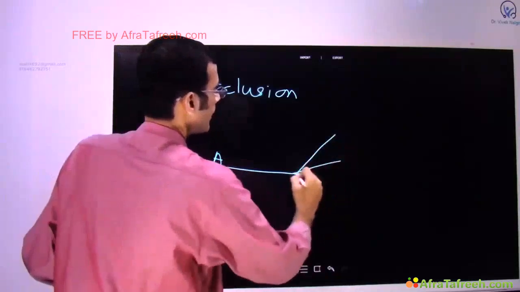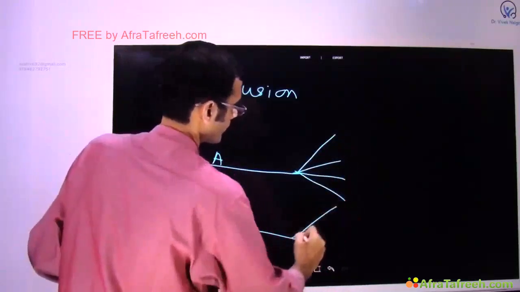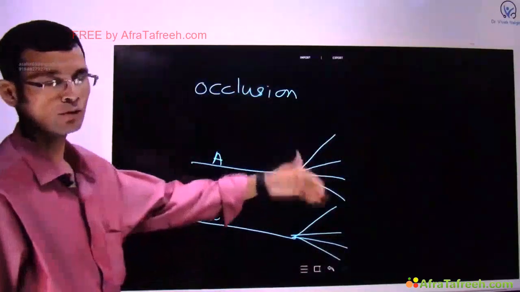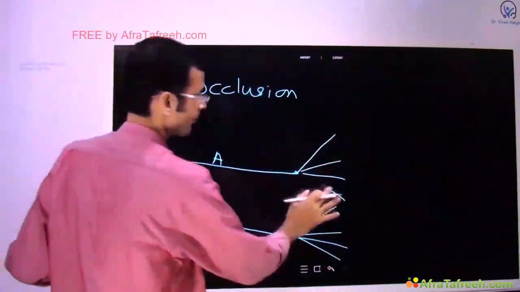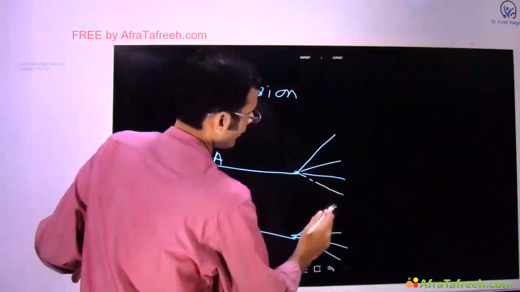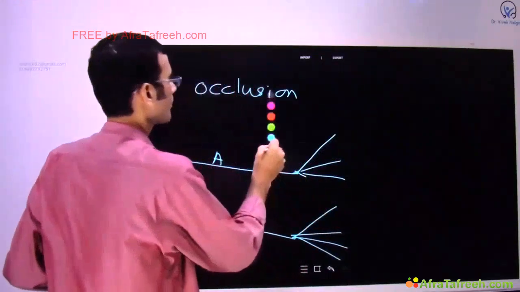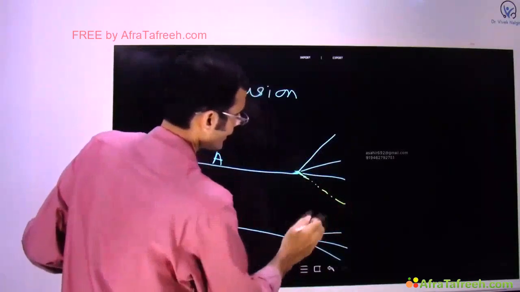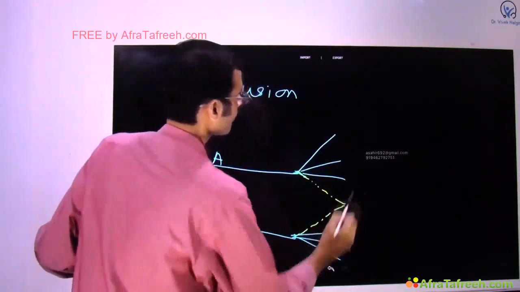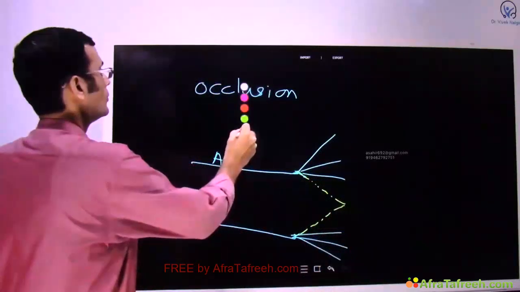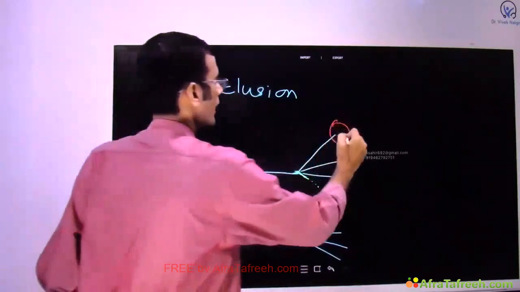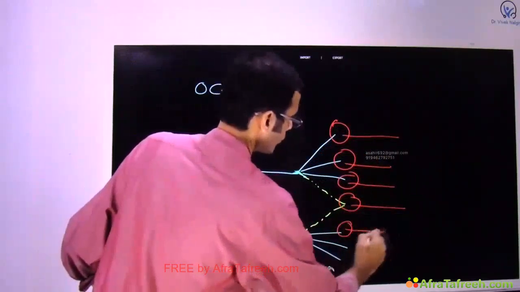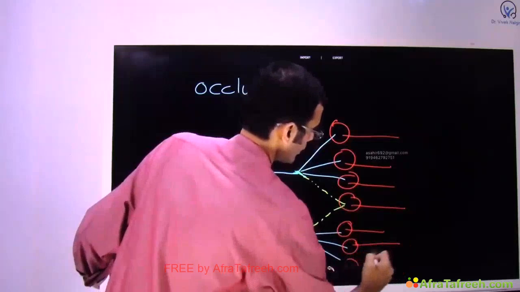And they make synaptic contacts with 4 postsynaptic neurons each. Let us show this in a slightly different way, the 4th neuron. Now, this neuron is making synaptic contacts with the postsynaptic neurons.